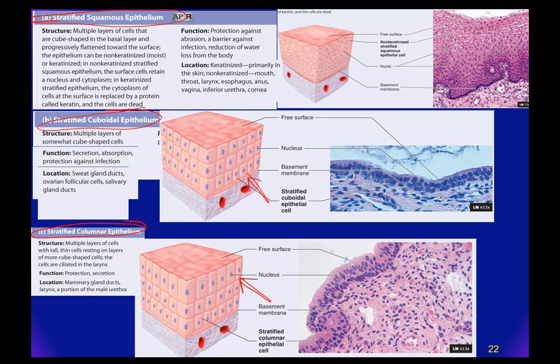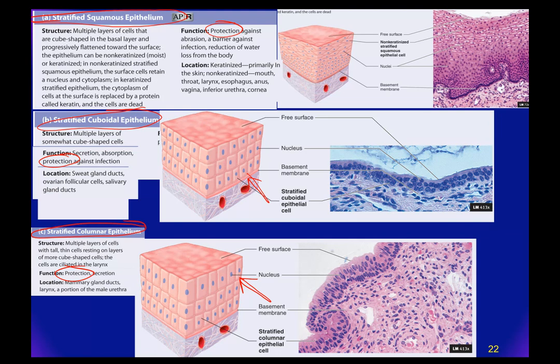So, function. No matter which one you pick, we talked about the fact that with stratified, a lot of it is going to be protection. All of them have this as a function: protection, protection, protection. Okay?